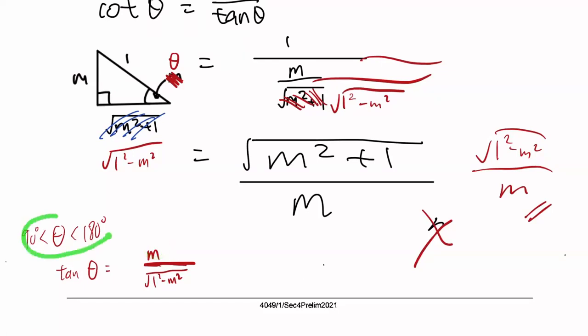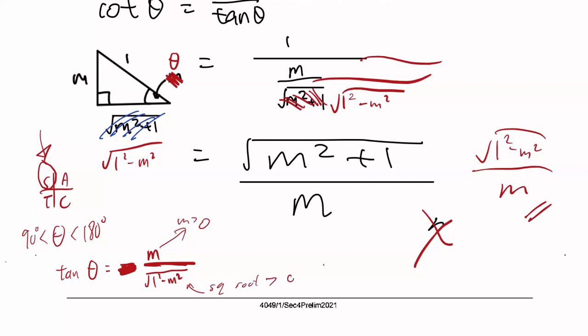If theta is more than 90, less than 180, that's quadrant 2. Only sine is positive, so tangent must be not positive, but rather it should be negative. So you need to put down a minus sign, because m here is more than 0, and this square root here is also more than 0.